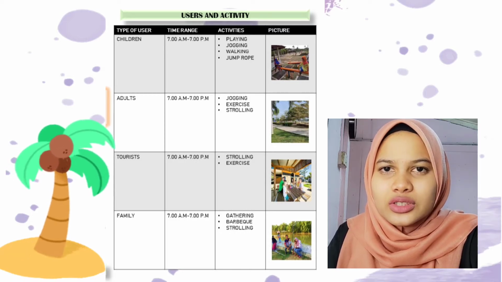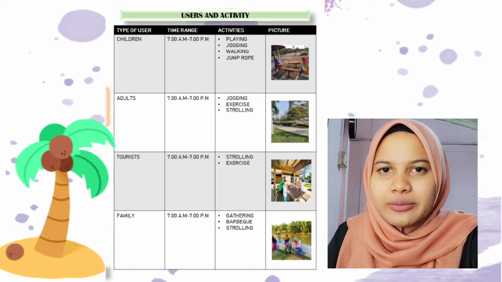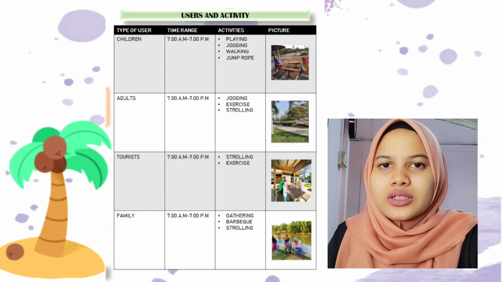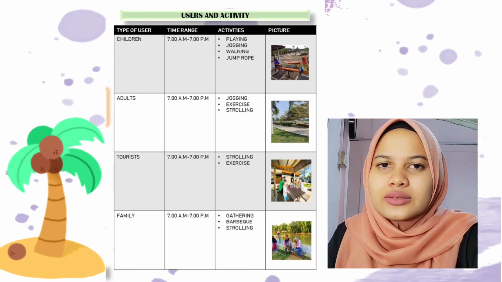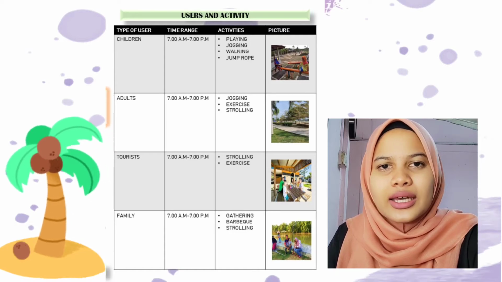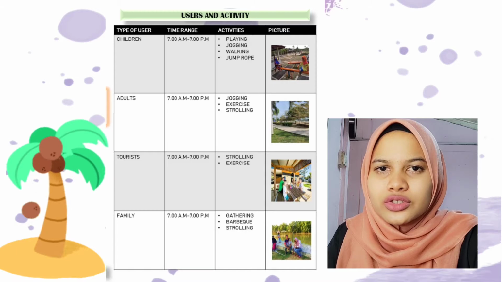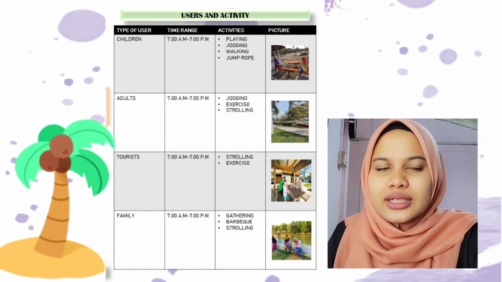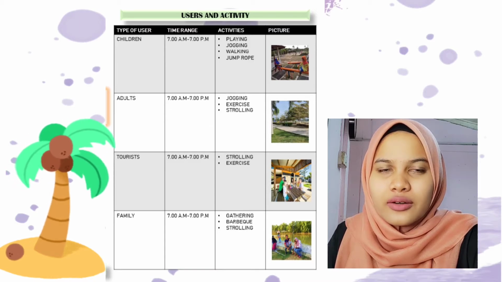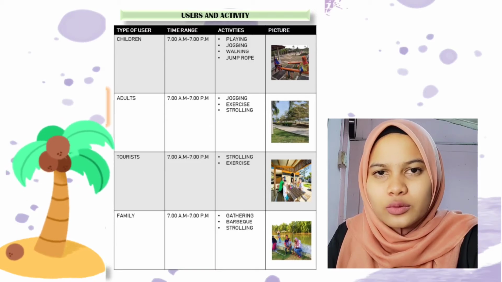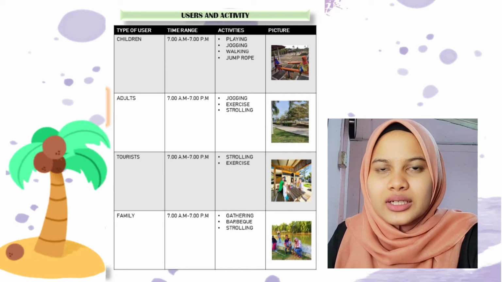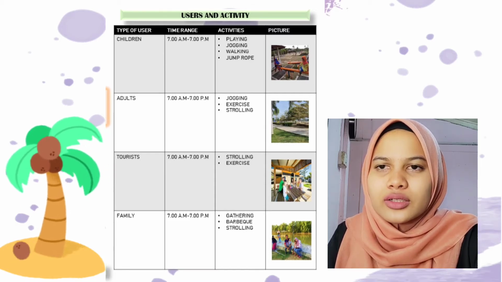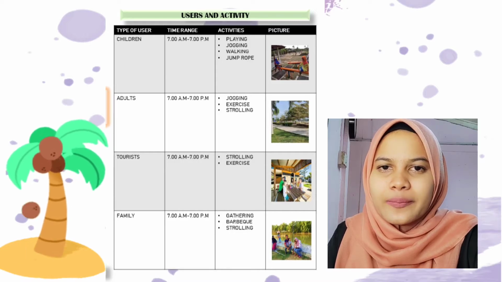Next is users who are adults. The time range is from 7 a.m. to 7 p.m. The activities are jogging, exercise, and also strolling. Next is tourists. The time range of using the park is from 7 a.m. to 7 p.m. Examples of activities are strolling and exercising.